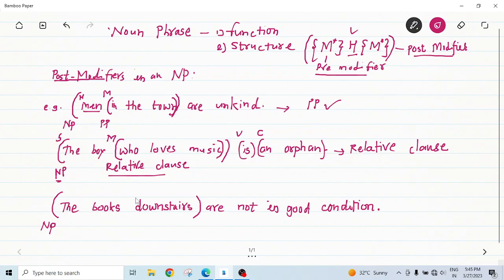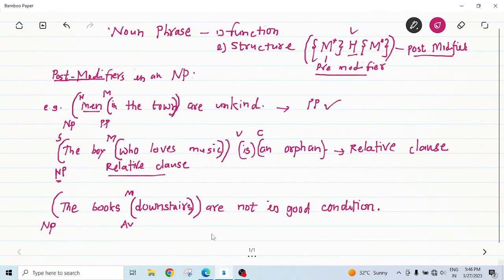And if you identify the class of this word, downstairs, it is an adverb, because here it shows the position of the books, and here it functions as post modifier.